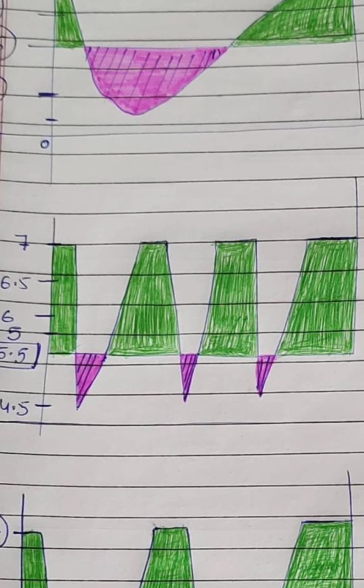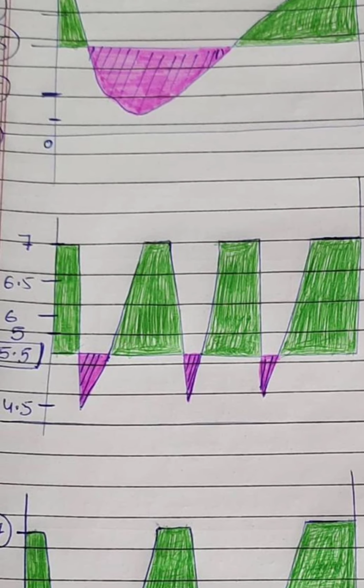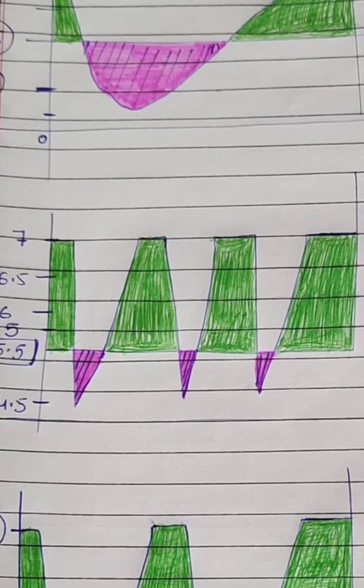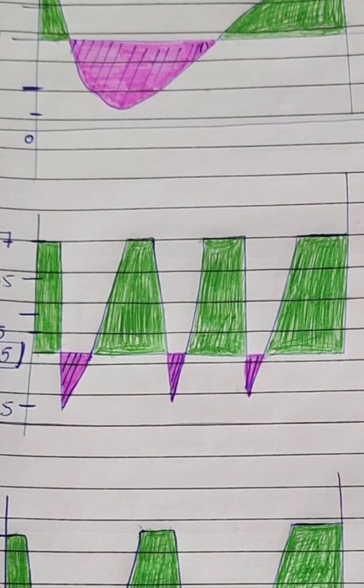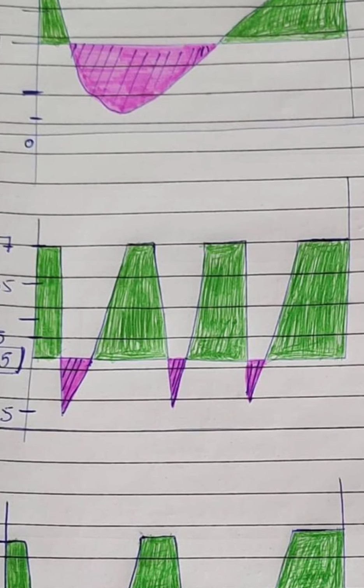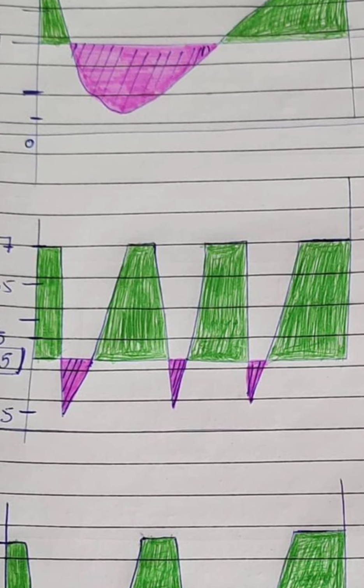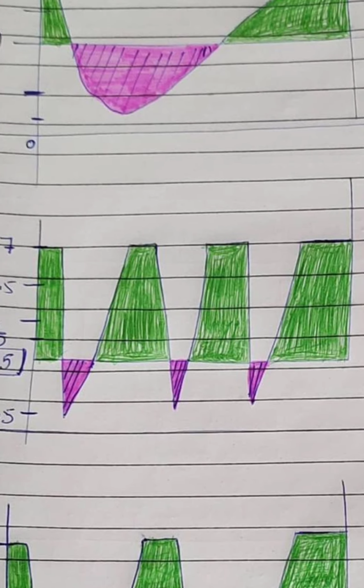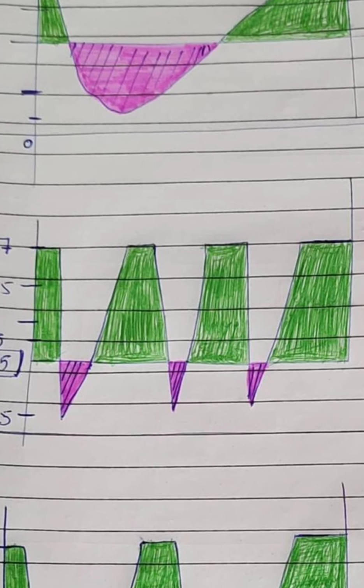But the time frame is of 15 to 20 minutes in each green block, and in each pink block, the time period for the environment of the mouth to return back to the normal pH is 20 to 30 minutes.